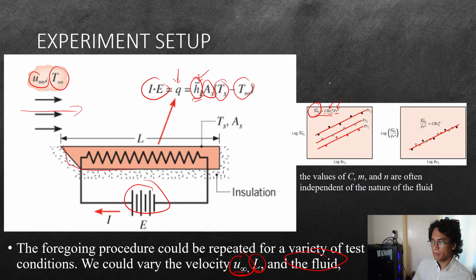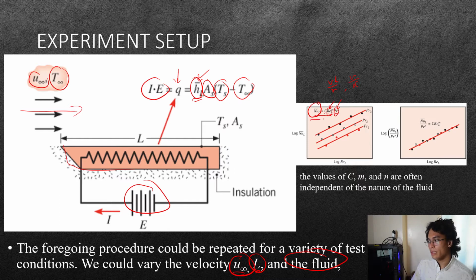The Reynolds number is dependent on the velocity over the viscosity and the characteristic length, and the length of the plate can be varied, and also the velocity can also be varied. The fluid, however, once changed, the properties of its kinematic viscosity and its thermal diffusivity will change, affecting the Prandtl number. So ultimately, what the experiment is doing is changing the variables and looking at how much these numbers change.